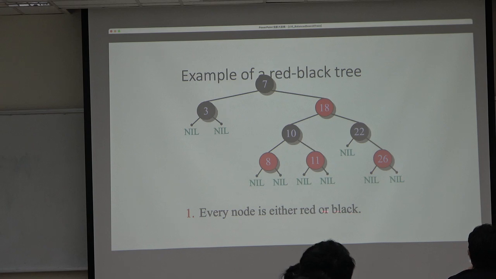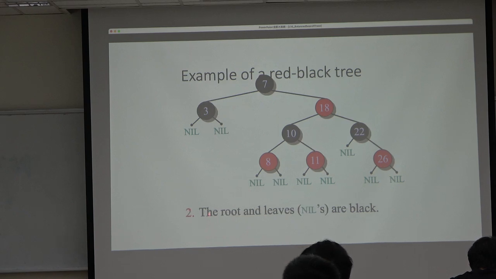First, every node is either red or black, and the leaf node also has a color. We just put a NIL here to indicate it's a leaf node, but actually they are nodes too. It's just that a leaf node does not have a number, but the leaf nodes also have color. Second, the root and the leaves are black.